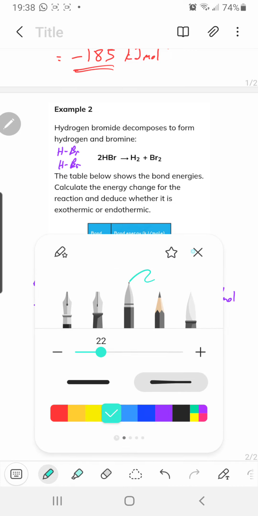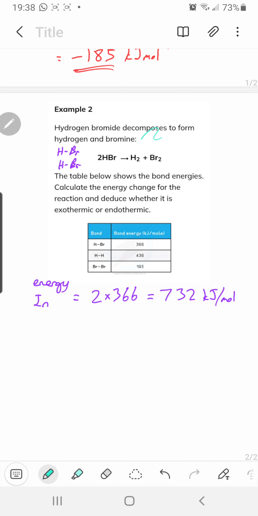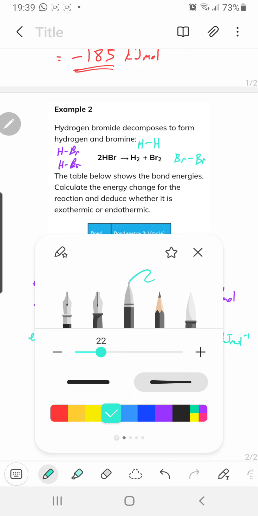And then now energy out, so we are making one hydrogen molecule and we're making one bromine molecule, right? So energy out, so we're making 436 and 193. So in total that one is 629. I wrote the units in a different way, but they mean the same thing, right?